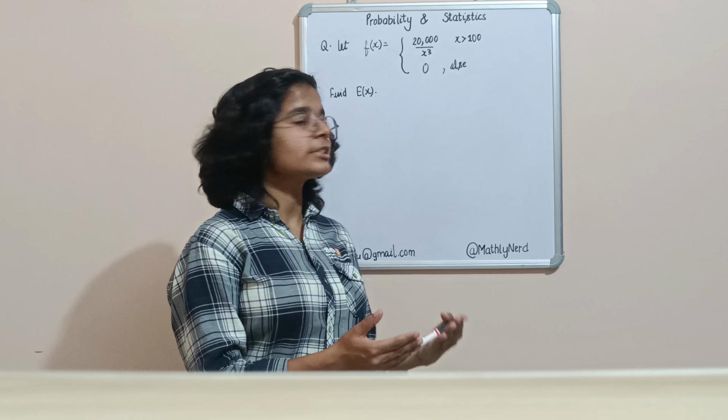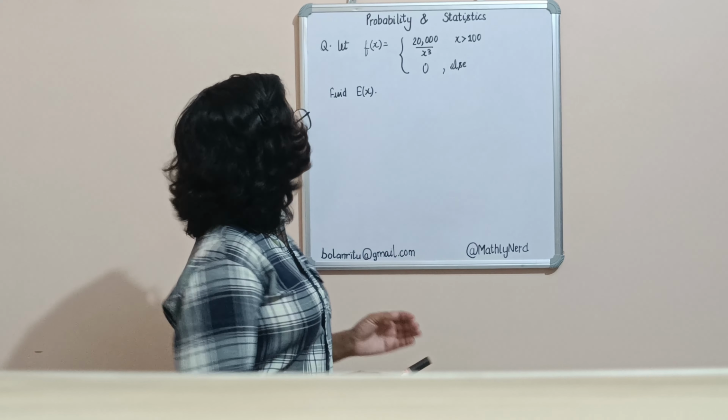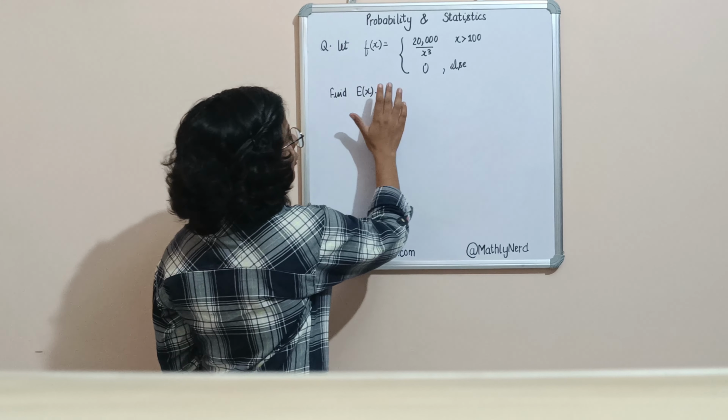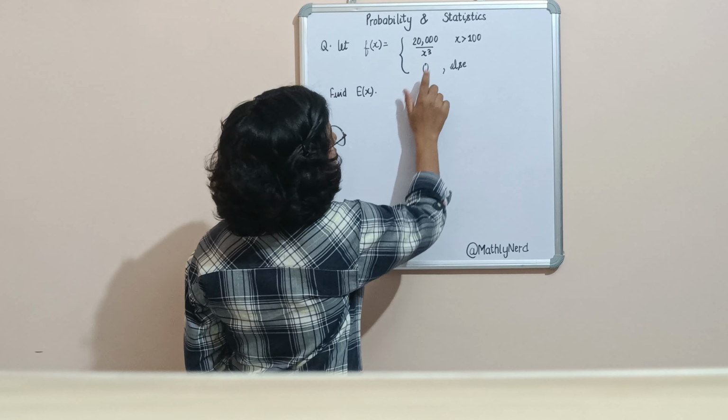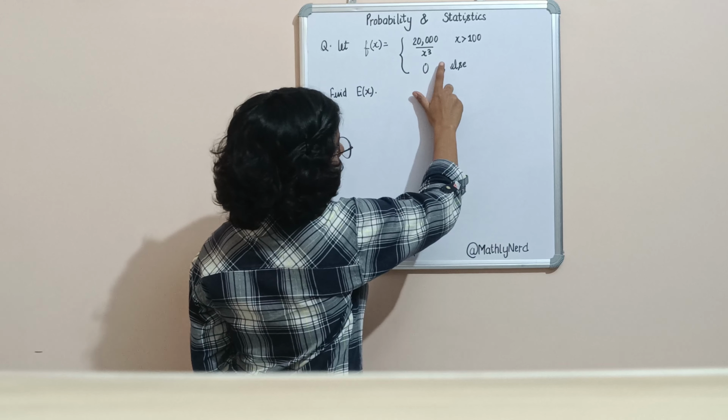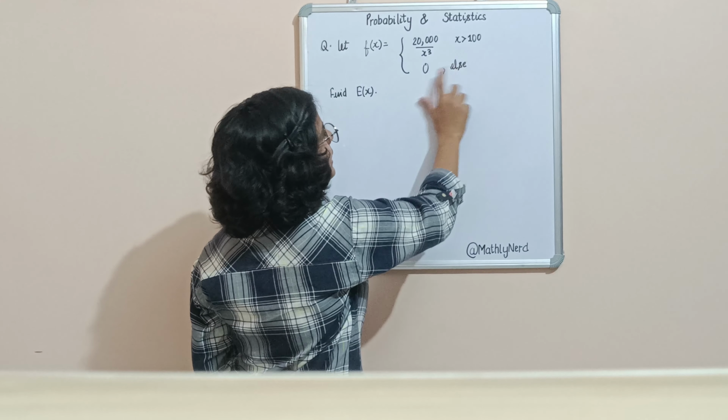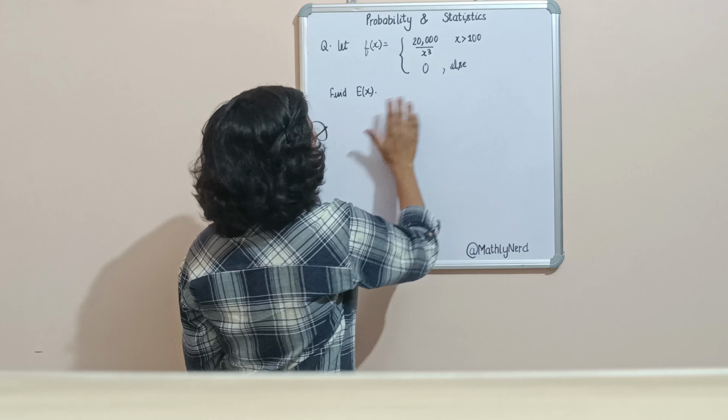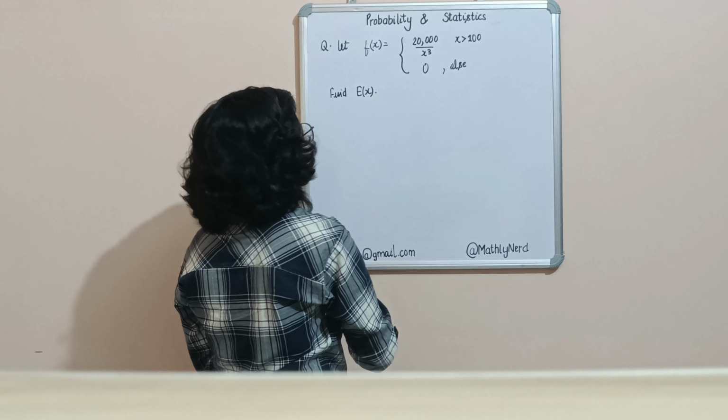Now we will solve some questions. Our question is: let f of x equal 20,000 by x cube for x greater than 100 and 0 elsewhere. We have to find E of x.